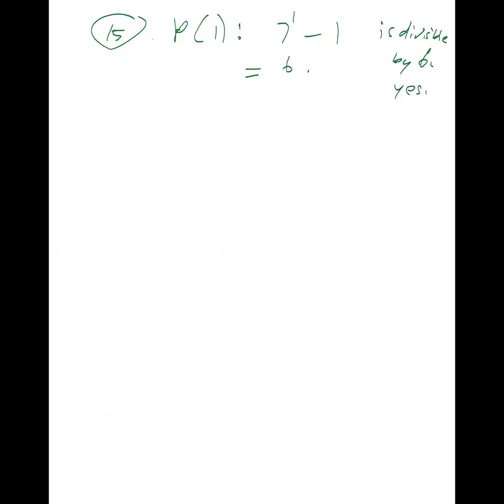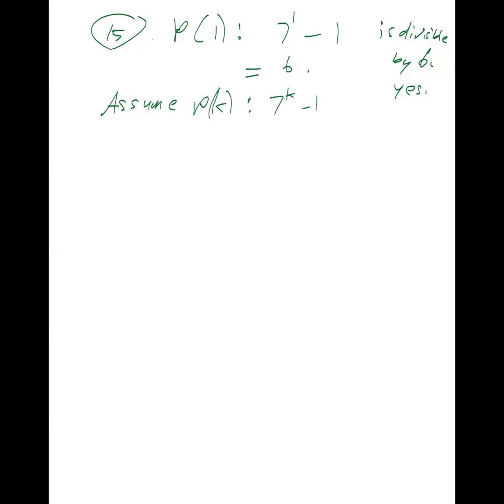So that's a yes. And then when you prove something by induction, you have to assume that statement PK is true. So we have to assume that the statement 7 to the power of K minus 1 is divisible by 6.